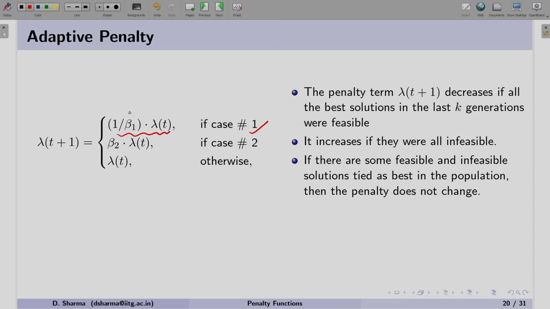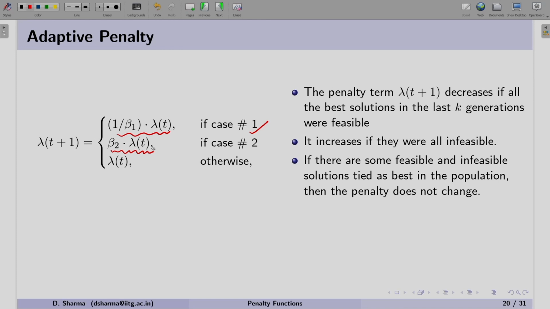As you can see, 1 by beta, since beta was greater than 1, we are actually reducing the value of lambda t plus 1. In the other case, when the best solution is infeasible from the last k generations, we have to increase this penalty, and therefore as per case 2, we are multiplying beta 2 with lambda t for the next iteration.